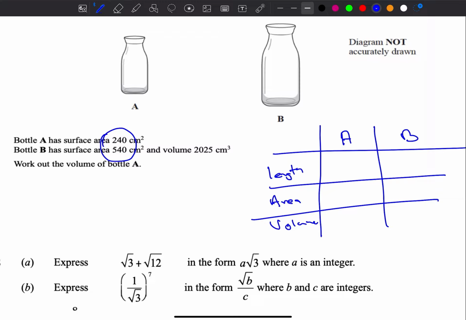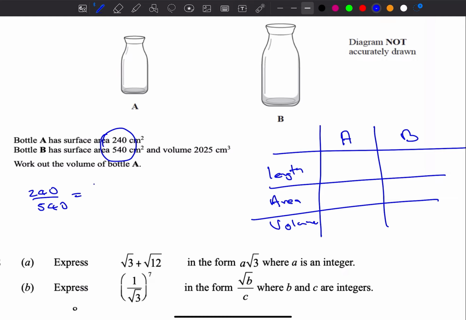Now, am I going to write it there straight away? No, because you have to always make sure it gets simplified. Okay, so let's simplify it now. So I'm going to go 240 over 540.